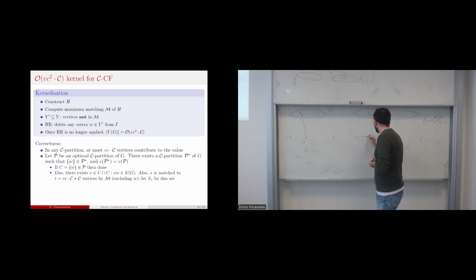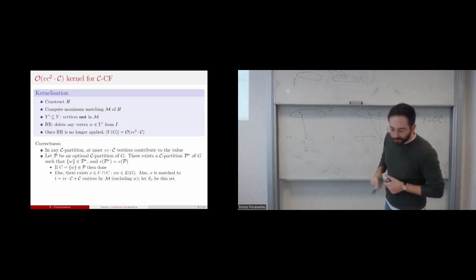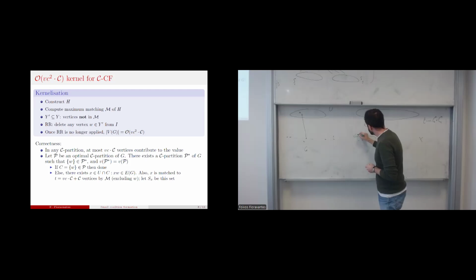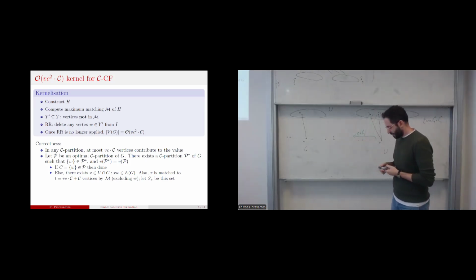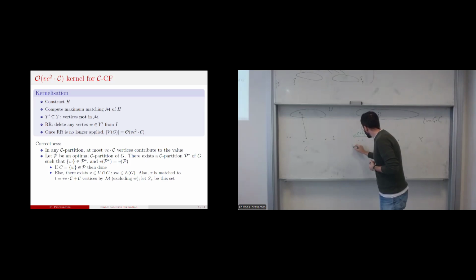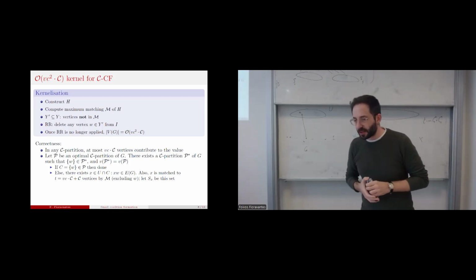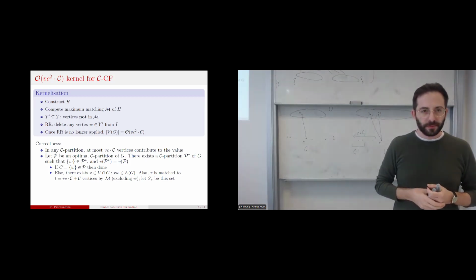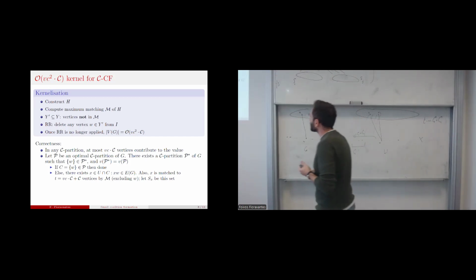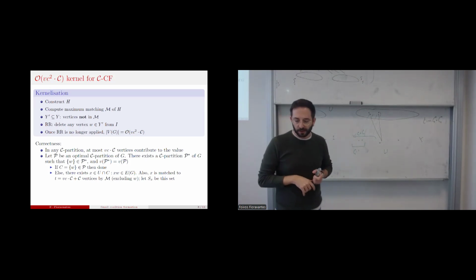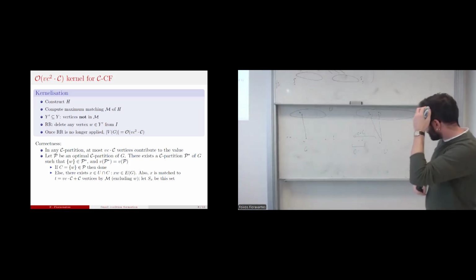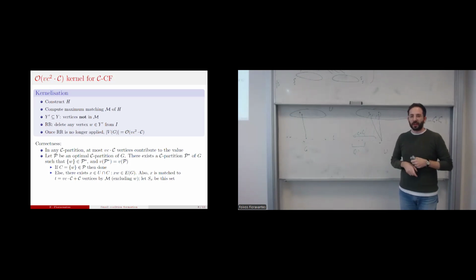How many other vertices? This many other vertices. This means that here I can find C minus 1 bad vertices that contribute nothing, because at most I can have this many vertices participating in my coalitions. So here I have these many vertices that do nothing.